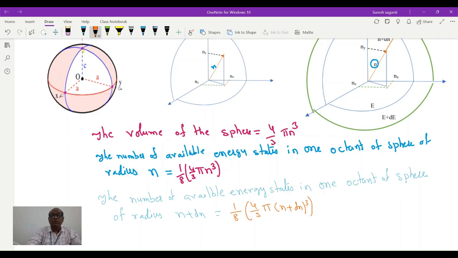Now we have number of available energy states in one octant of sphere of radius n, 1 by 8 4 by 3 pi n cube, with energy E, and another octant, 1 by 8 4 by 3 pi n plus dn whole cube, of energy E plus dE, right? So now the number of energy states, let us try to find out.